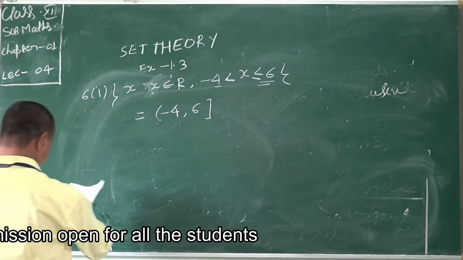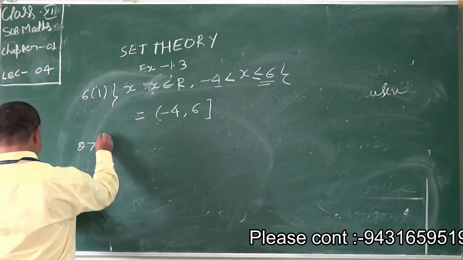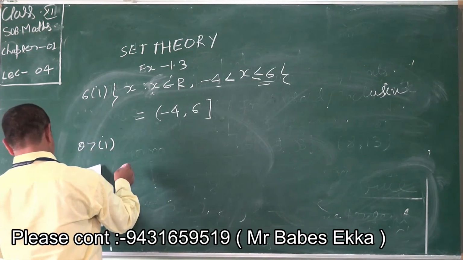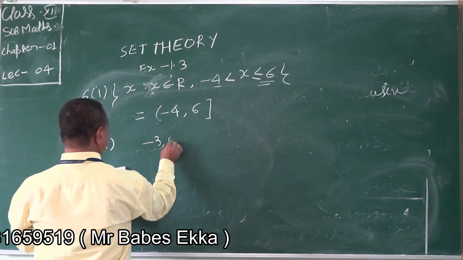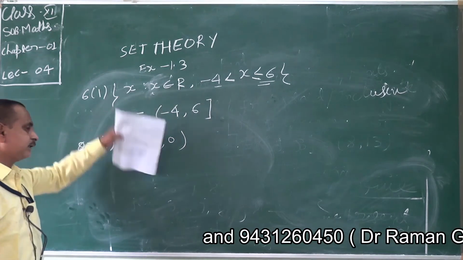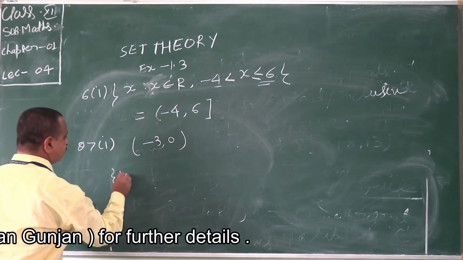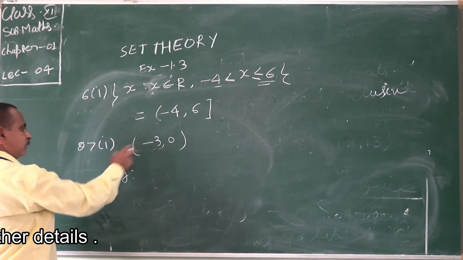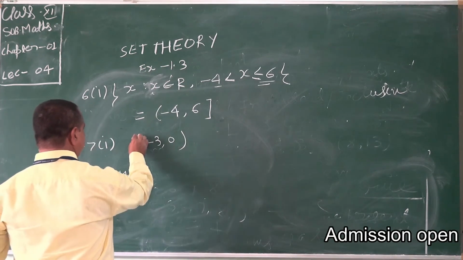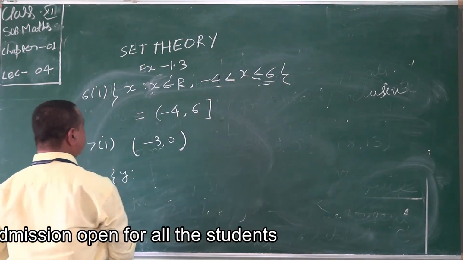And this is written in your tabular form. Similarly, in question number 7 we have given -3 and 0. It is represented in set builder form just like this. We take another symbol y, and you observe it is given by open small brackets, so it is our open interval.